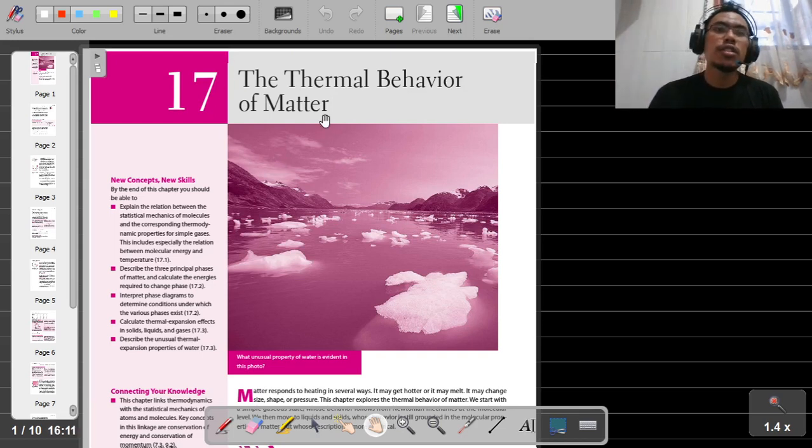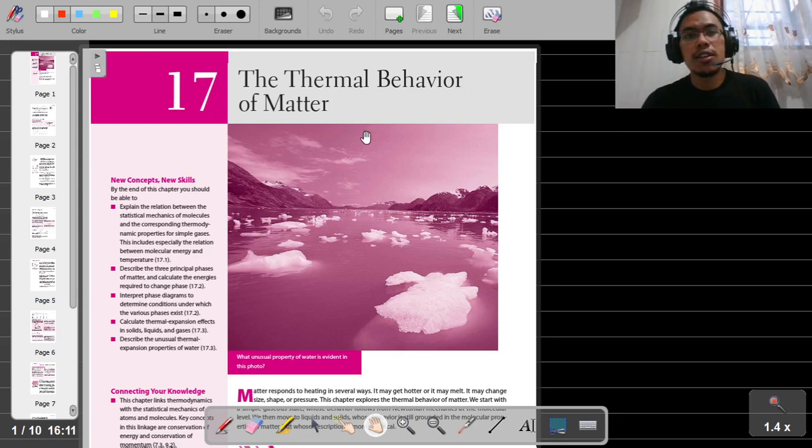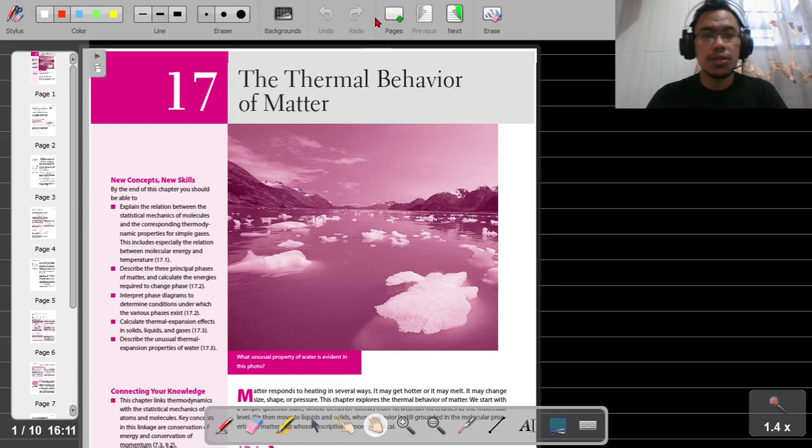But that is only one physical aspect of the response of matter when we give heat. Actually there are a lot of physical aspects that can be understood by learning about this thermal behavior when subjected to a certain amount of heat.